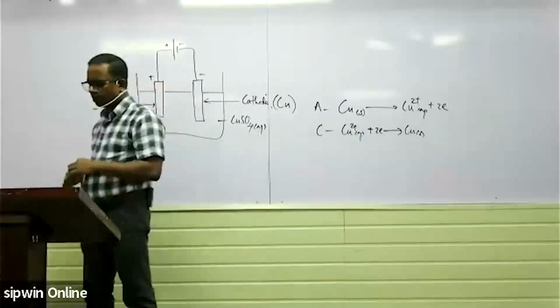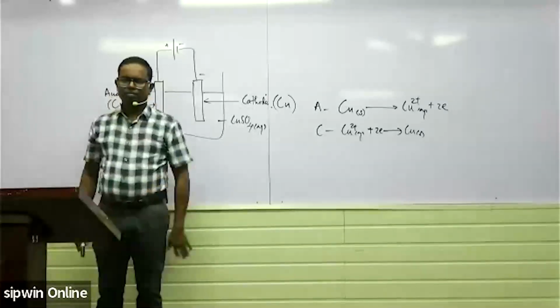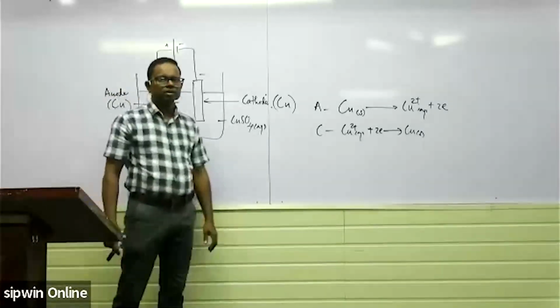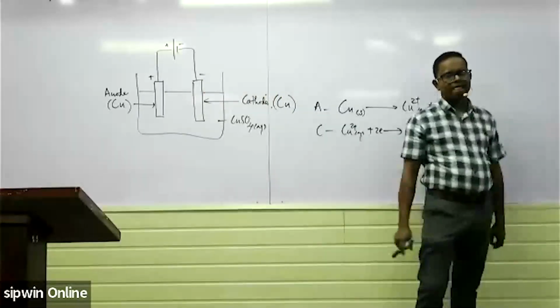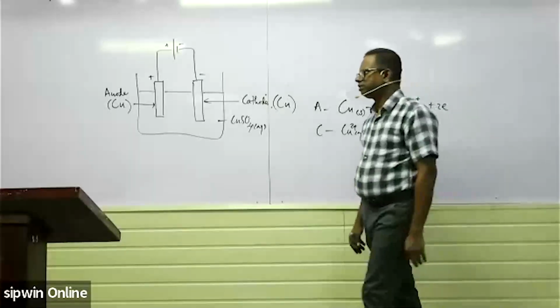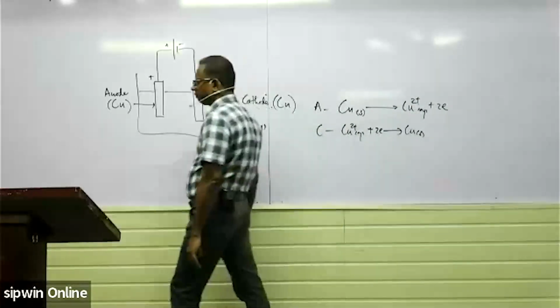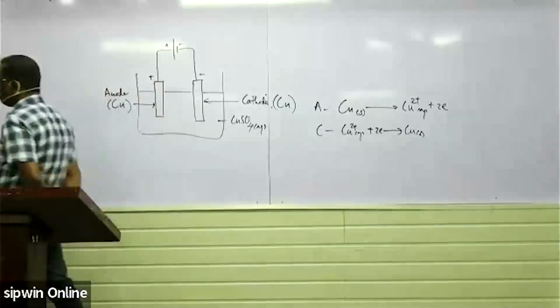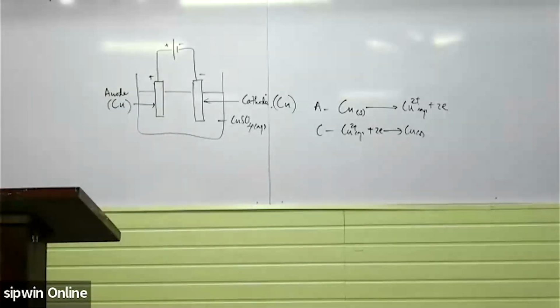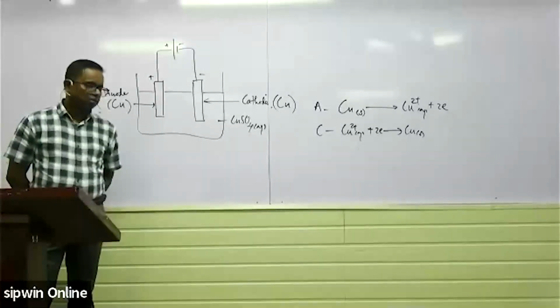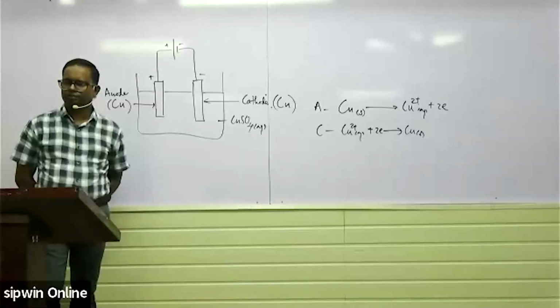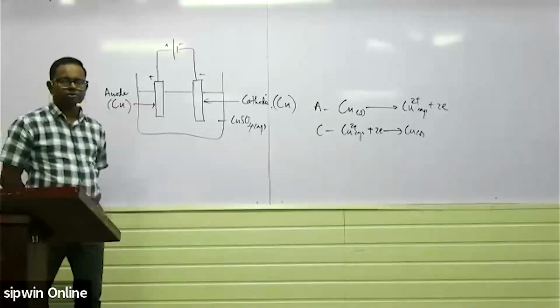Below this: in the above electrolysis, the following observations are possible. One observation: deposition of copper on the cathode.